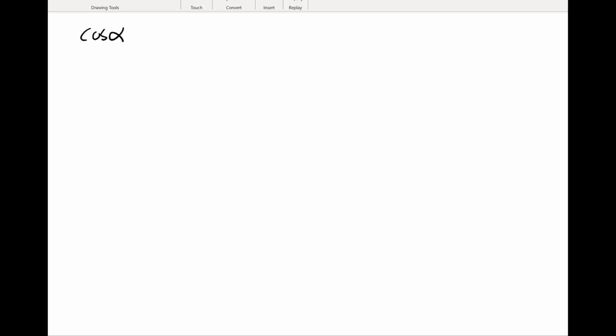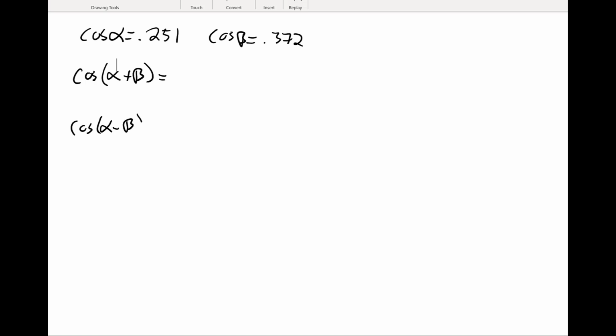Cosine of alpha equals 0.251 and cosine of beta equals 0.372. And we want to find cosine of alpha plus beta and cosine of alpha minus beta.